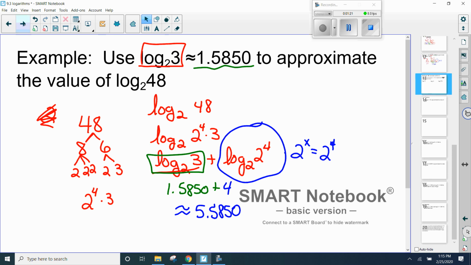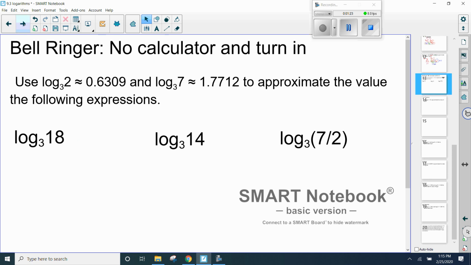So going back to your bell ringer, what could we do for the very first one? We could factor 18. What factor are we looking for when we're trying to put it into factor form? A 2, because that's what I know the log of.